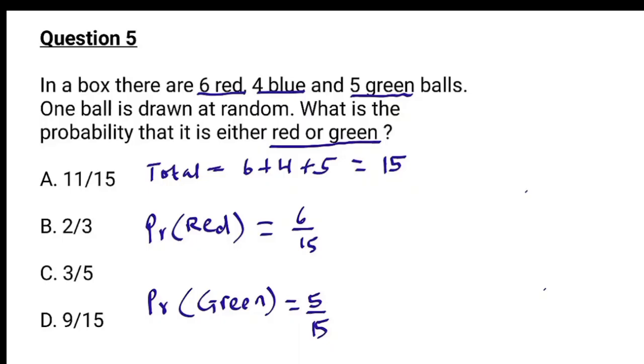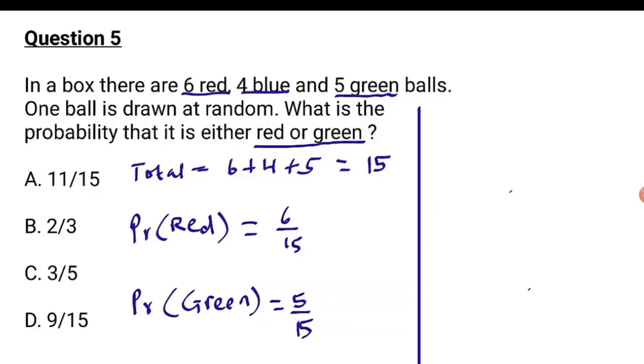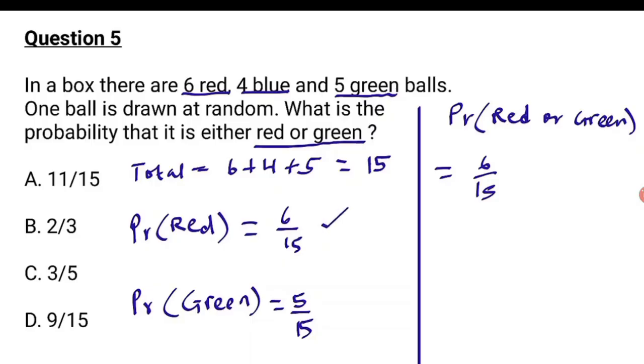So now, what's the probability? It is either red or green, so we are going to have it equals the probability of red, which is 6 over 15 according to what we have here.